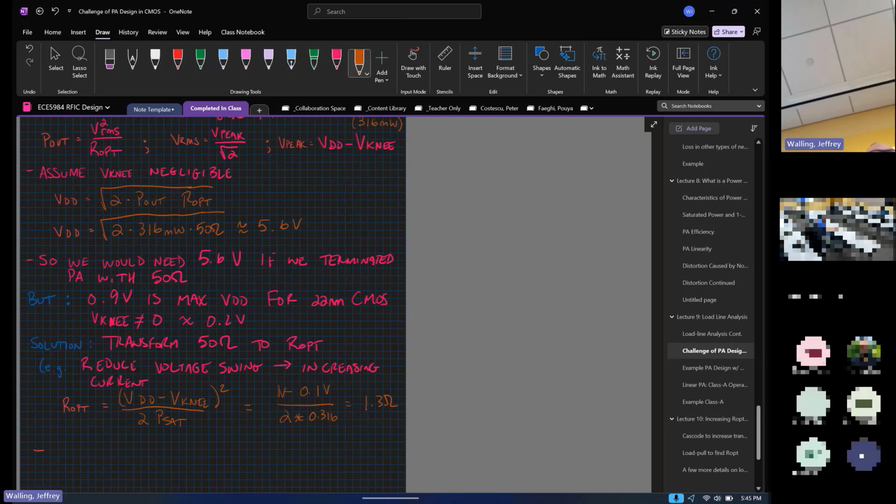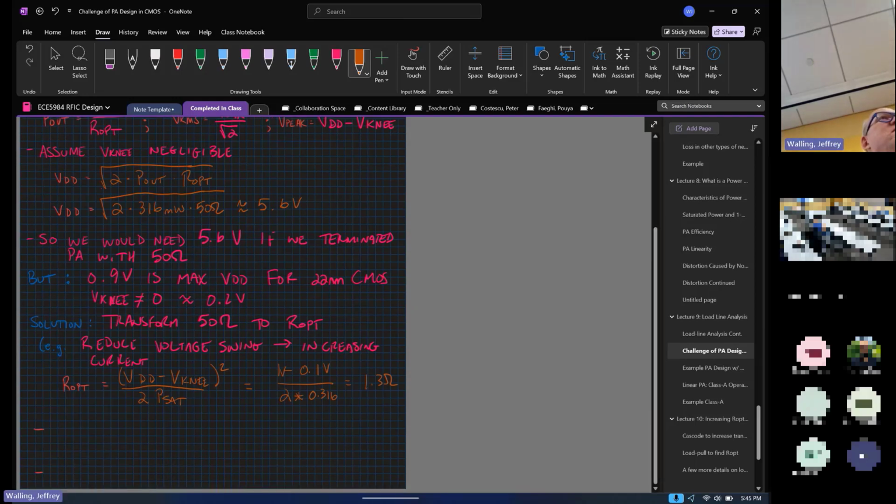All right, so we need to do something that's going to transform the impedance of our 50 ohm load down to 1.3 ohms. Remember that we didn't account for extra back off. We also didn't account for losses in the matching network.